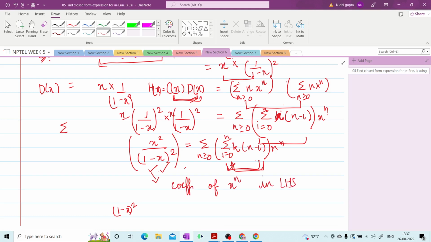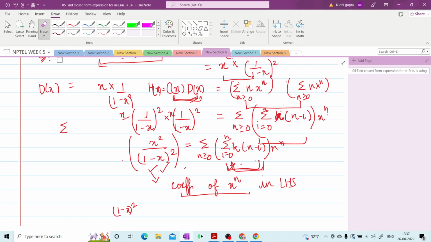Because if LHS is equal to RHS, each of the coefficients should be equal, right? So you want to find the coefficient of x raised to the power n here. Is it fine till here?